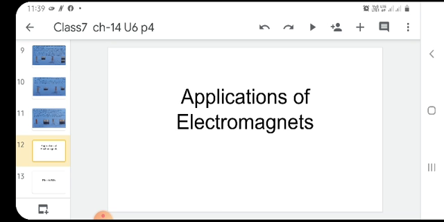They are also used in hospitals by doctors to detect anomalies inside our bodies. They are used in household appliances like fans, radios, mixers, motors, etc. They are also used in sound equipment like loudspeakers and headphones. So these are the applications of electromagnets.